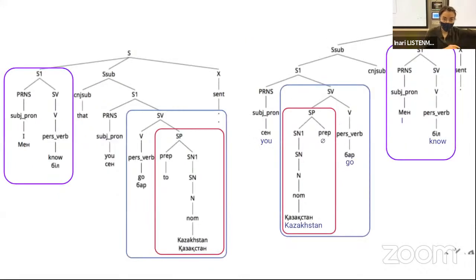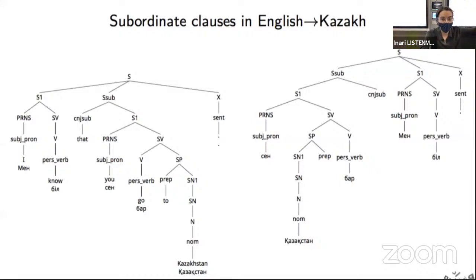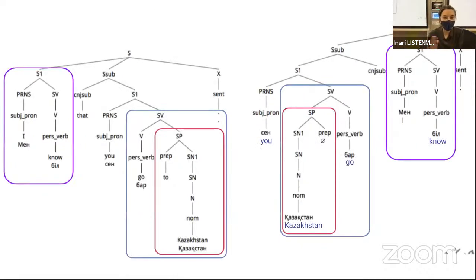So these trees represent the sentence "I know that you go to Kazakhstan". These trees are different because they have almost the same subparts, but in different order.